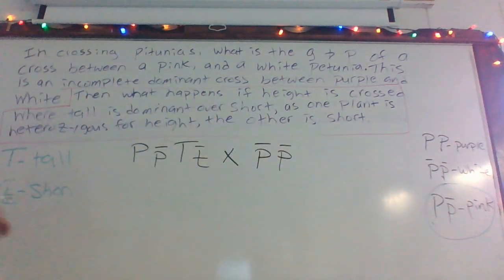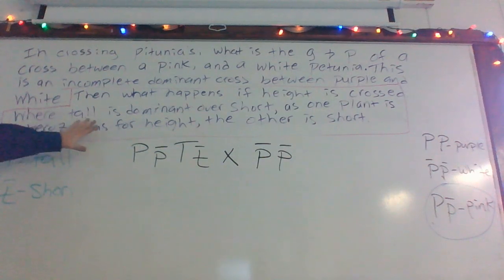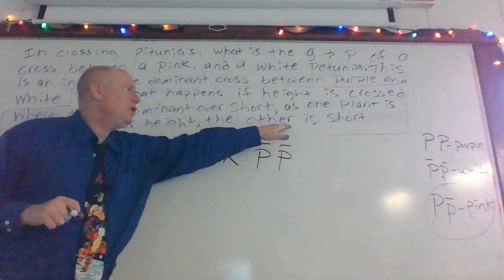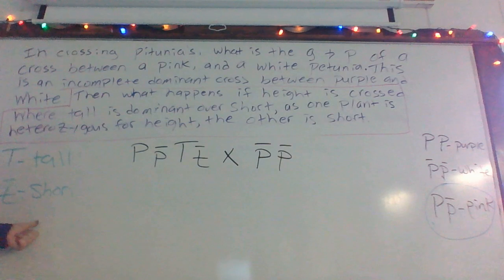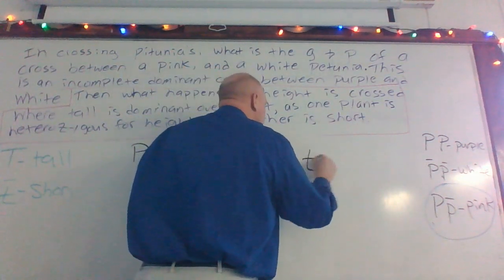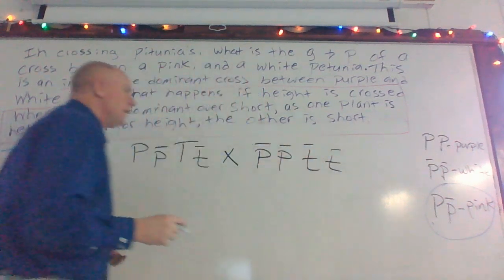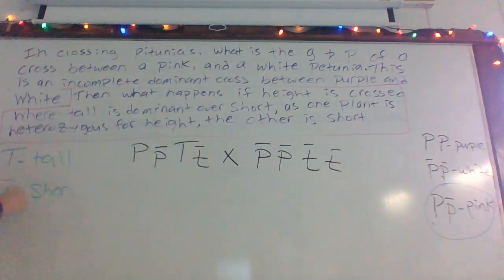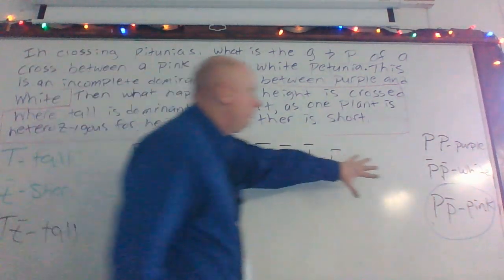And then, what's the only way this can be short? And notice, again, since this is not an incomplete dominant cross, if we had this, it's still tall. Because this is complete dominance, this is incomplete dominance.